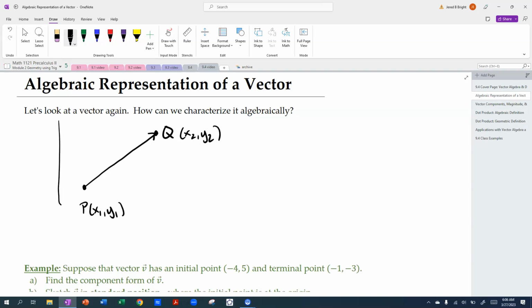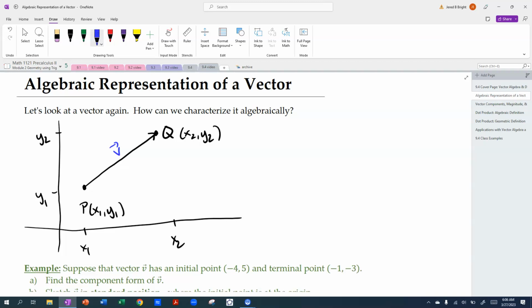Just for simplicity, let's assume we're in the first quadrant. It doesn't need to be, but it just makes things easier. So we have x1 here, we have x2 there, this is y1, and this would be y2, okay? And so then vector v is this lovely little vector here, okay?